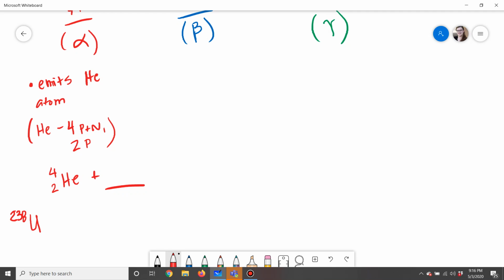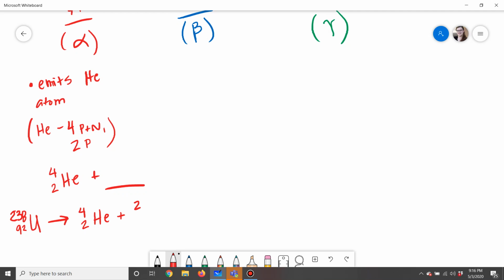So, if I go to the bottom of the periodic table in the actinide series, I see uranium, and I see that its atomic number is 92. Okay? And if this undergoes alpha decay, that means that it lost 4 from its atomic mass.